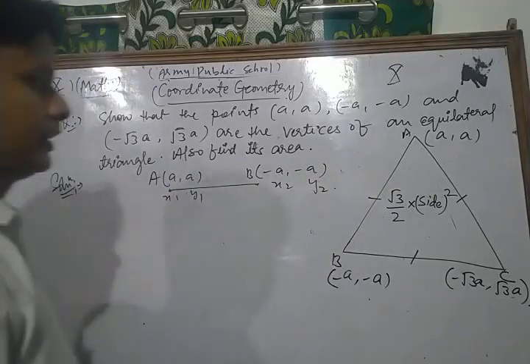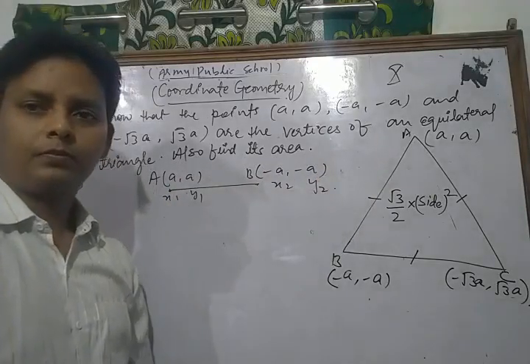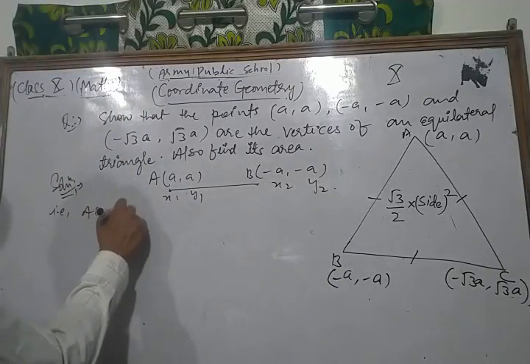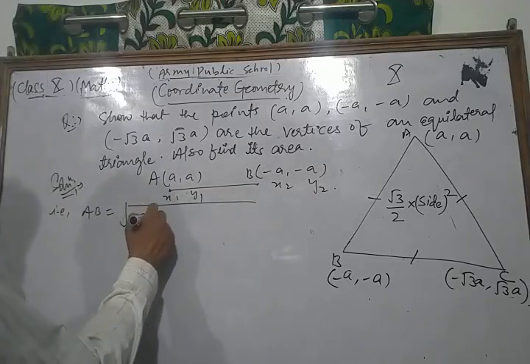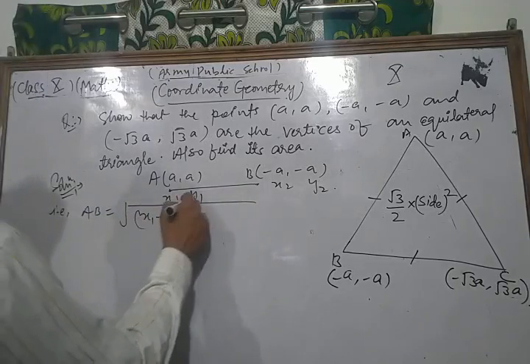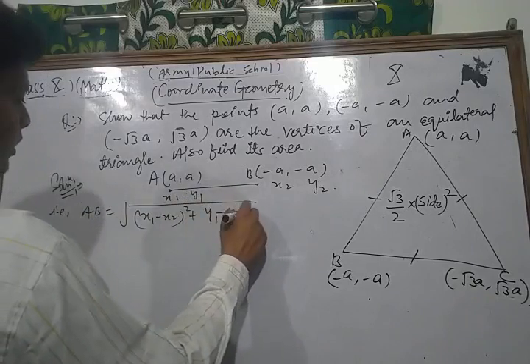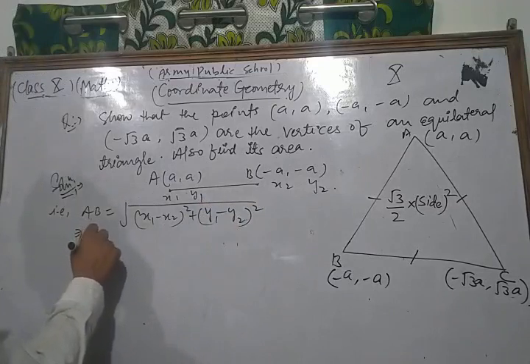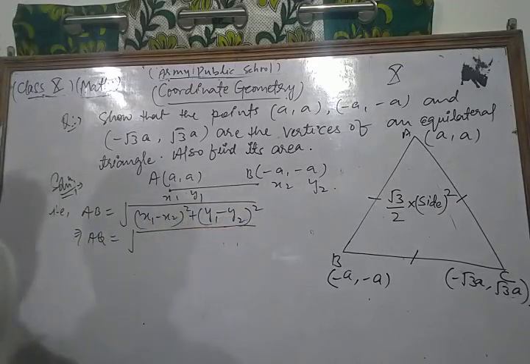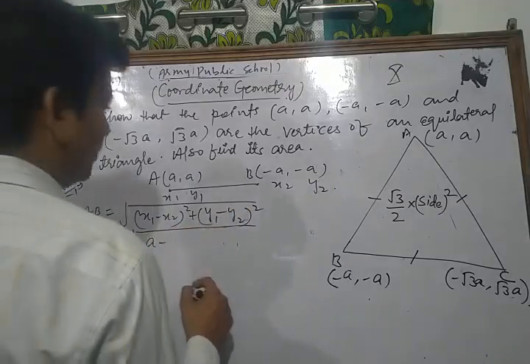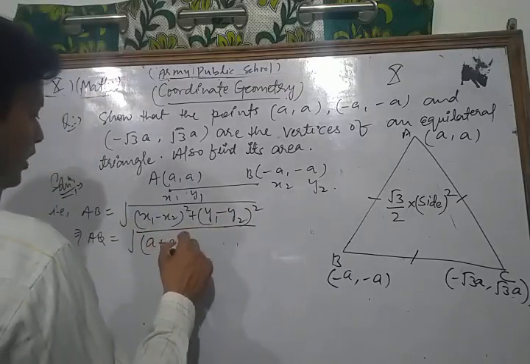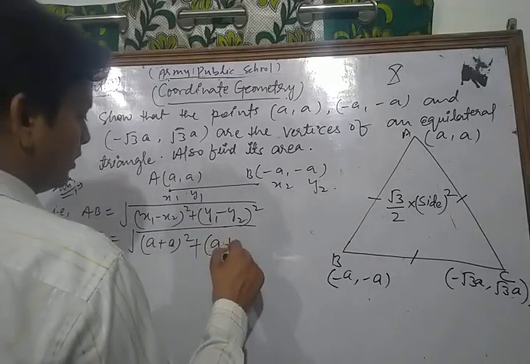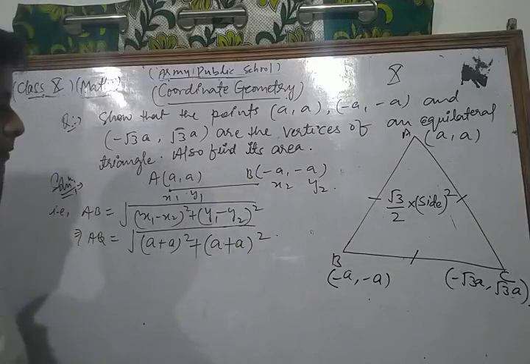We find distance AB using the formula: the square root of (x1 minus x2) whole square plus (y1 minus y2) whole square. So AB equals x1 minus x2, where x1 is a and x2 is minus a, so minus minus becomes plus a, whole square, plus y1 which is a, minus y2 which is minus a, so plus a, whole square.